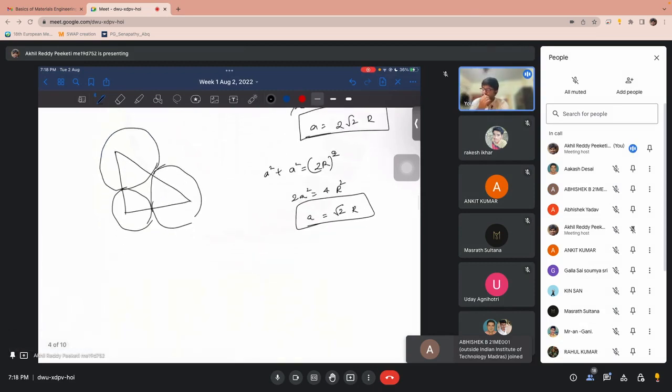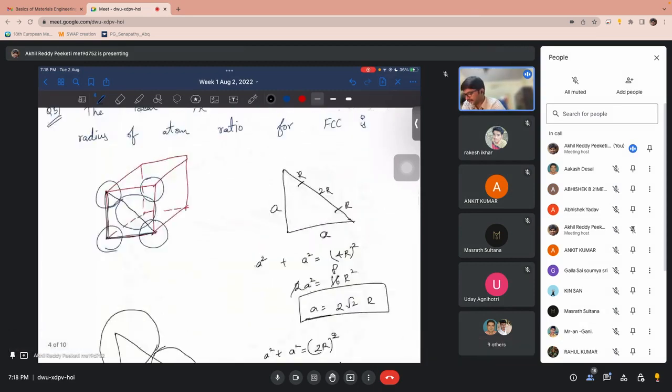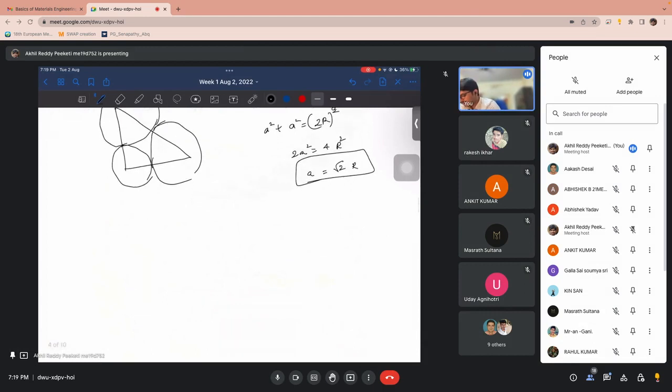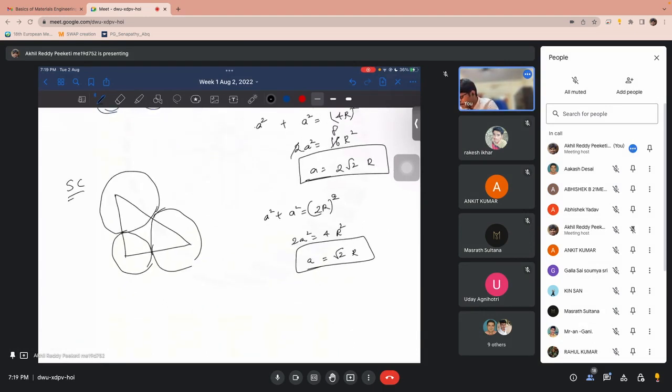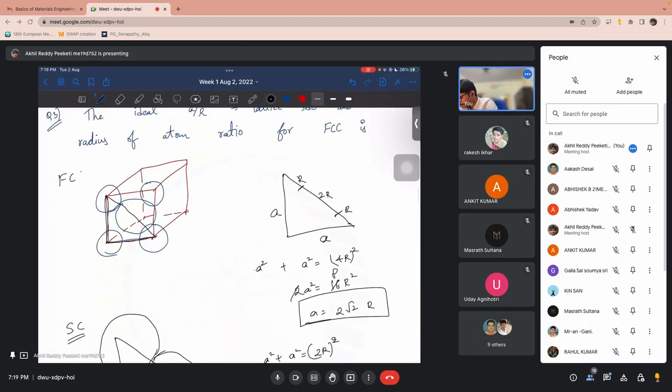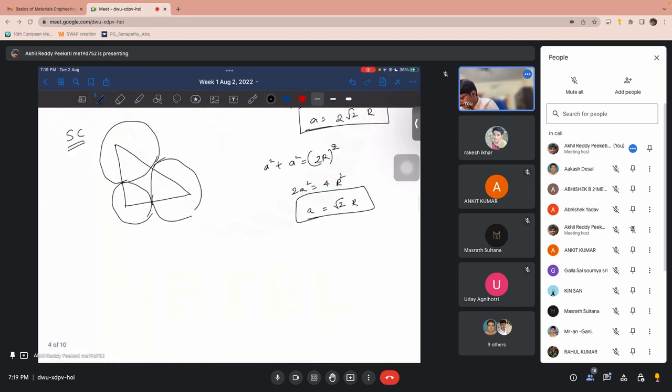What about body centered? Till now you are looking only at the faces, but if it is body centered, what should you look at? Yeah, but what are you looking at in body centered? Which diagonal are you looking at? Okay.